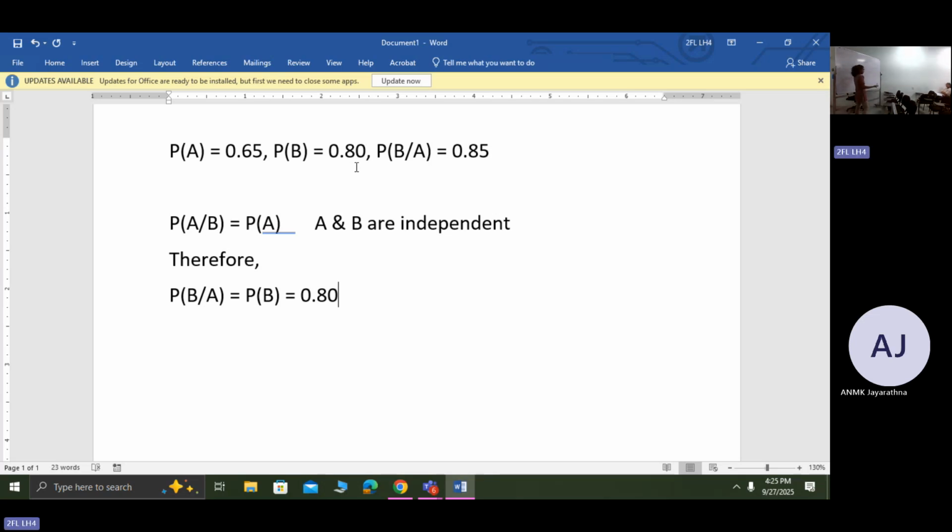It's clear? Then you know the tree diagram pattern, so here we can draw the tree diagram. Three machines are there, A, B, C. On the branches, represent the probability values. Here 0.2, here 0.15, here 0.5.